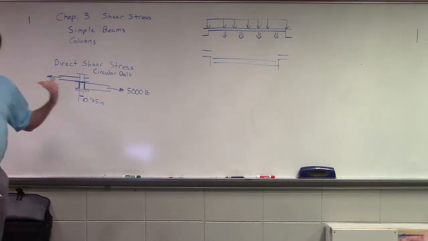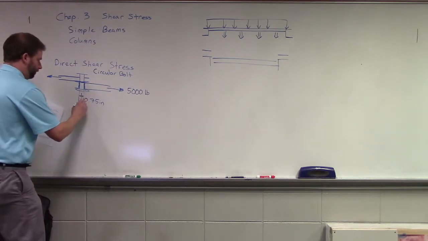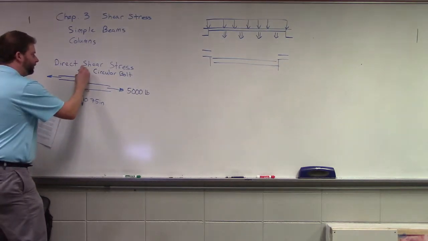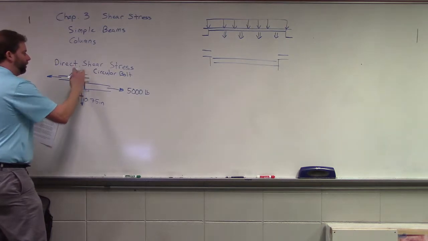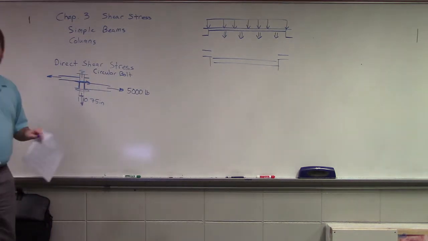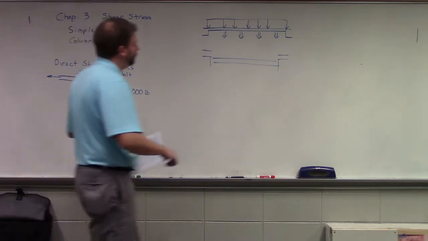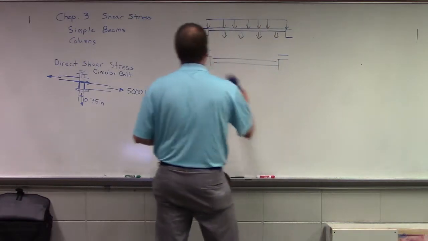When we were talking about axial forces, an axial force would be operating along the bolt itself. Here we're talking about shear stress, so shear stress is operating through the cross section of the member, instead of running along its axis. Does that make sense to everybody, what it is that we're going to be looking at? Okay. So we walked through that problem and determined the direct shear stress.